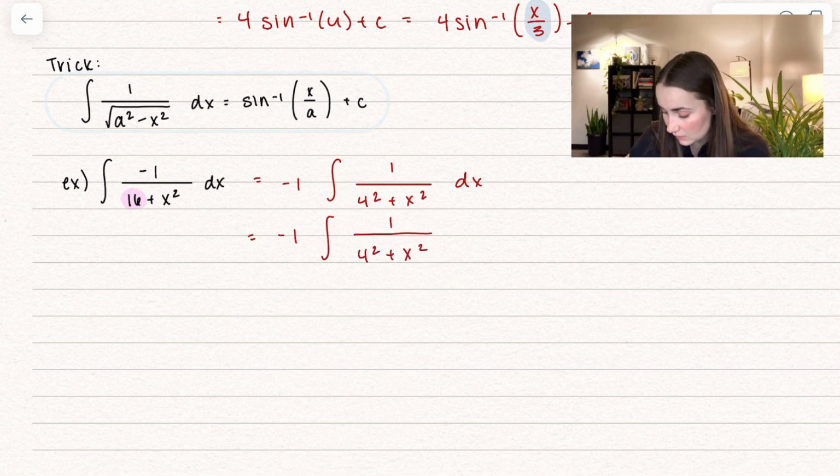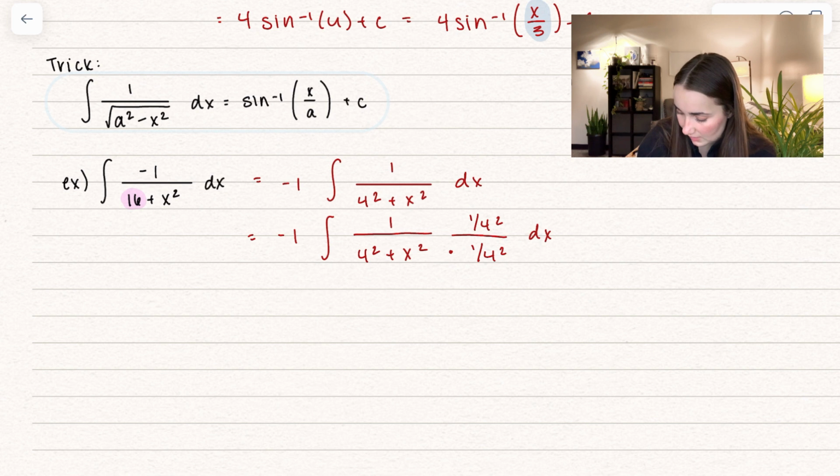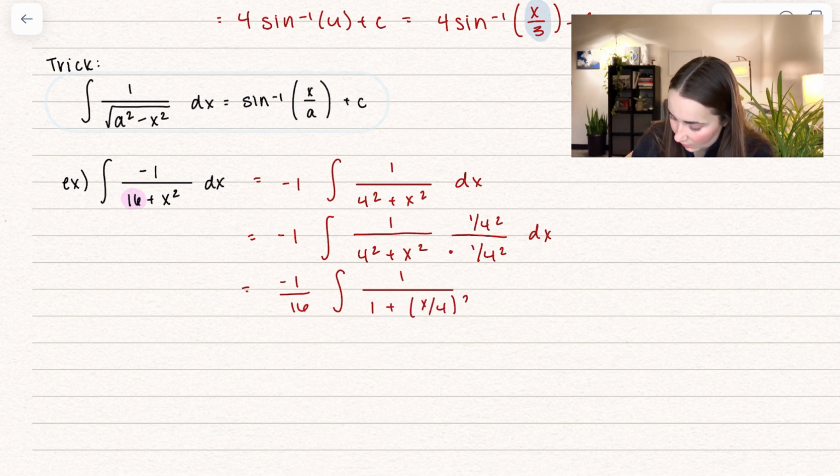I'm going to multiply the denominator by 1 over 4 squared, but whatever I do to the denominator, I also have to do to the numerator. So if I rewrite that, I get -1, and I'll bring out that 1 over 4 squared, so that becomes over 16, and then that 1 stays the same in the numerator, but now I get 1 plus x divided by 4 quantity squared.